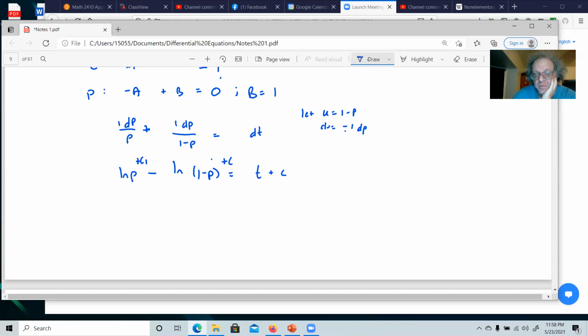We could have a plus c1 for this integration, a plus c2 for that integration, and a plus c3 for that integration. But what's going to happen? We're going to pull these to the other side, and we're going to have t plus c3 minus c2 minus c1. Well, we have a constant minus a constant minus a constant, and that's going to be a constant. So we're just going to avoid all of that mess and say we have t plus c.